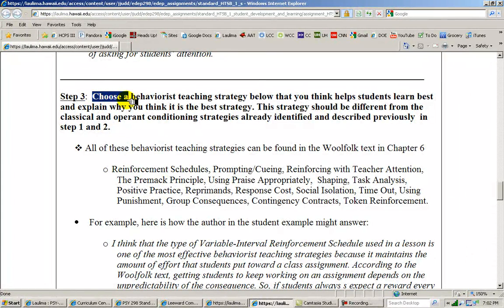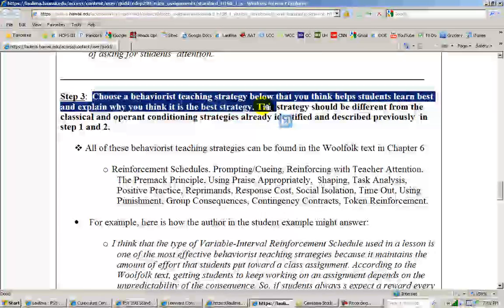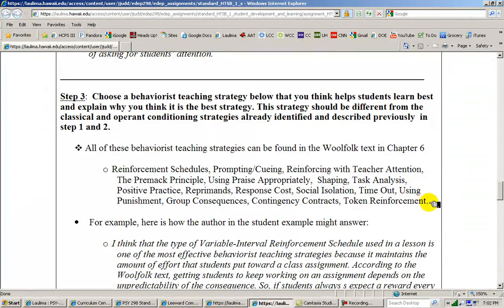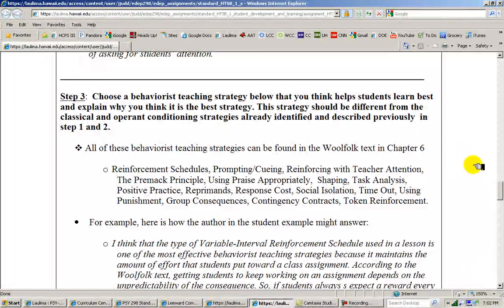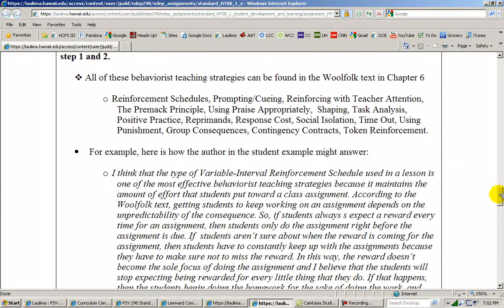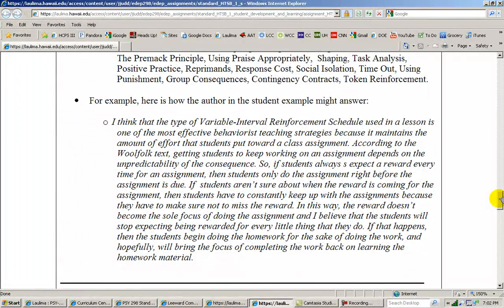Then step 3, choose a behaviorist teaching strategy below that you think helps students learn best, and explain why you think that's the best strategy. So here's a whole bunch of words that go with behaviorism, and part of what you'll need to do this week is understand a lot of that language, so that you'll become familiar with it and that you can apply it when you take the PLT test to become a certified teacher.